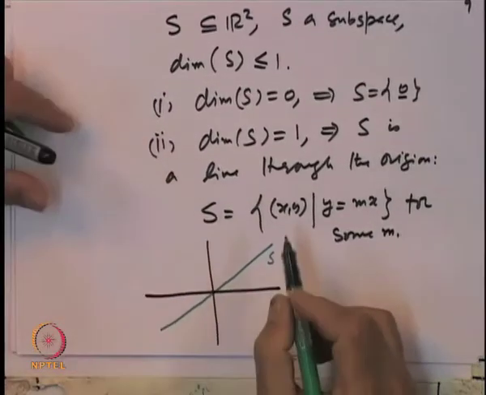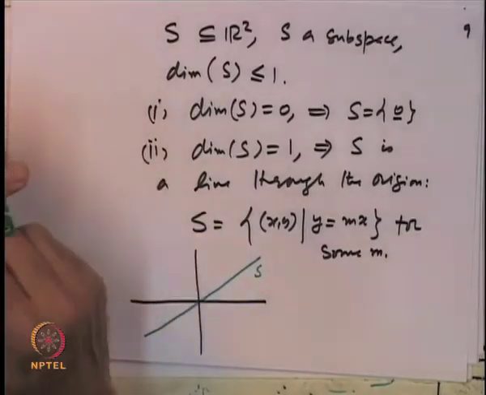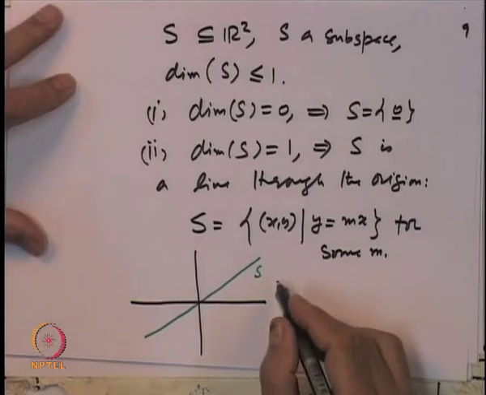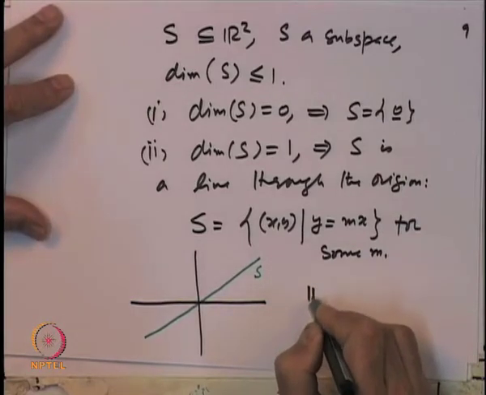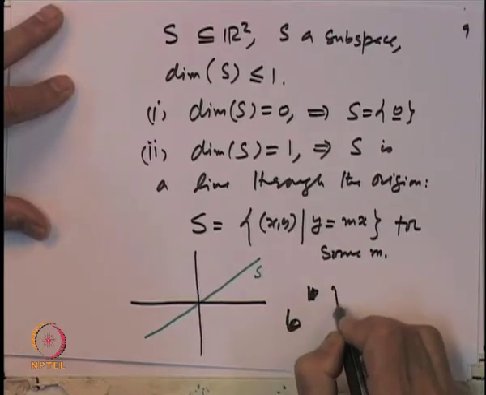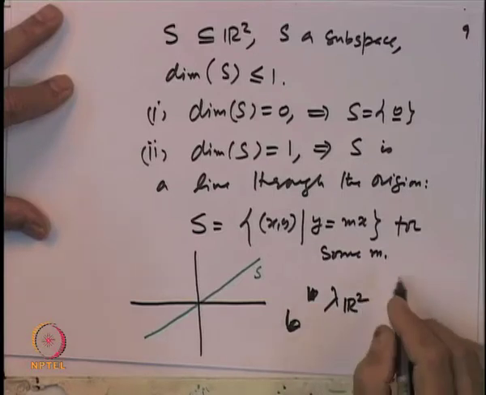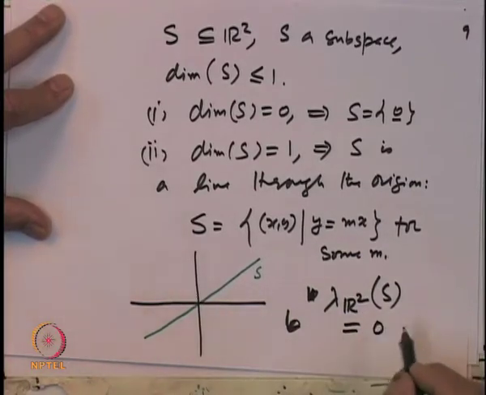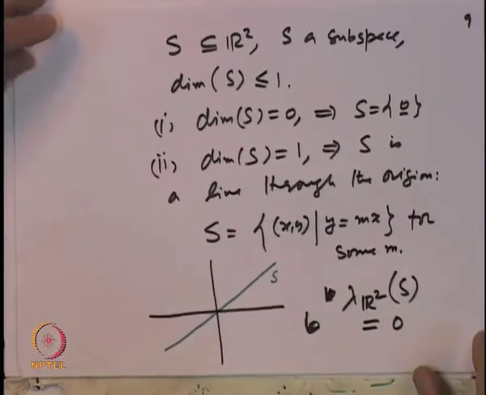So, a subspace has to be a line through the origin. Once it is a line through the origin, what is going to be the Lebesgue measure of this line? Let us look at the Lebesgue measure on R^2 of this line S. Obviously, the guess is that this is going to be equal to 0.